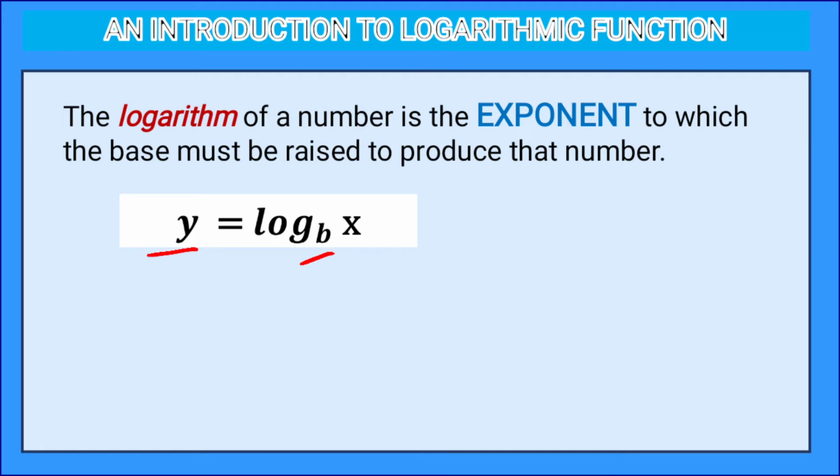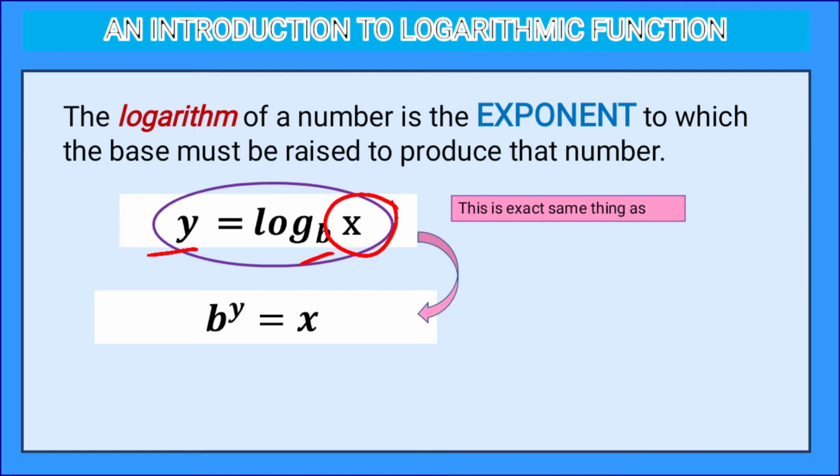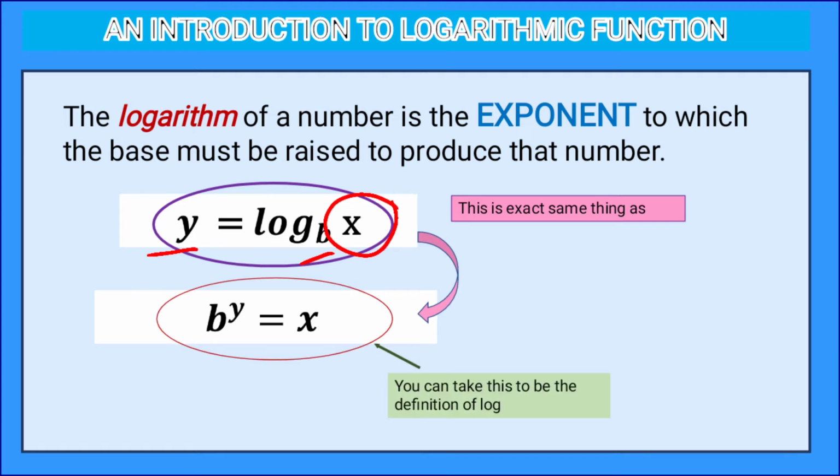When we raise b to the power y, we get the value x. This is exactly the same as the statement b raised to y equals x. So remember, you can take this to be the definition of log.